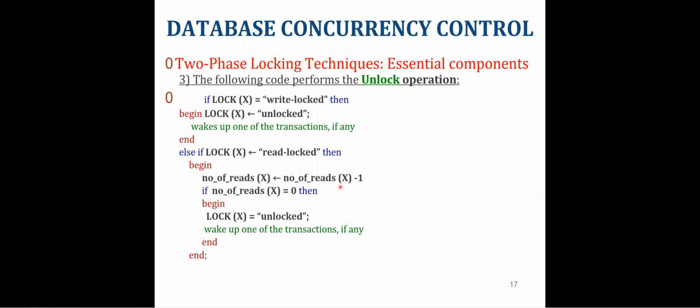So now, rather than 5 transactions reading, there are 4 transactions reading, and it will be assigned back. If the number of reads equals 0, then we will just make it unlocked again, because we know that if no transaction is reading, it will not stay in the read locked state.